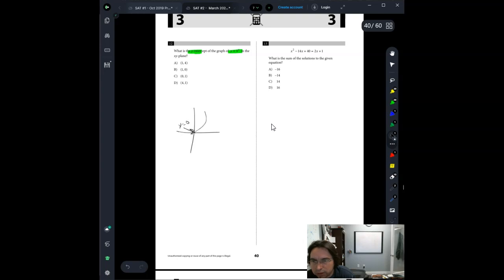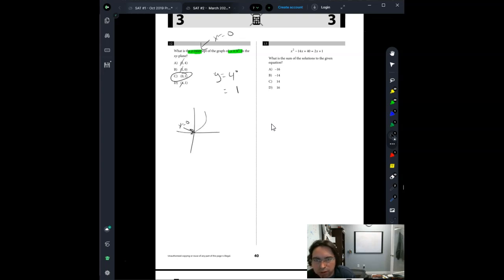So we solve for this: y equals 4 to the 0 power. Remember, anything to the 0 power is 1. Also, remember that for the y-intercept, x always equals 0. If you look at your answer choices, this is the only one with 0 as an x. So C is the answer choice there.